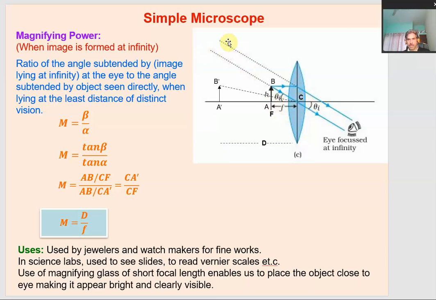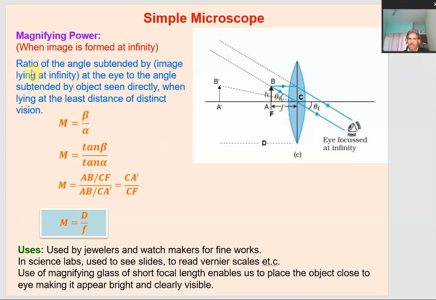Now we can again get the magnifying power or angular magnification for this particular case when the final image is formed at infinity. So how do we define the magnifying power in this case? It is again very easy.